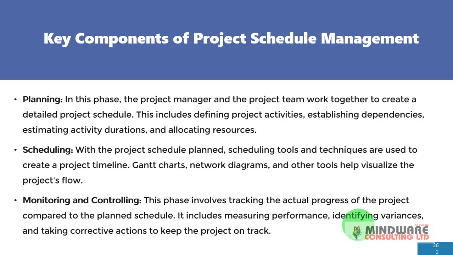So of course, sometimes there could be variances, little variances here and there. So you want to identify those variances. How large are they? How far removed are they from the planned? And then take corrective actions.